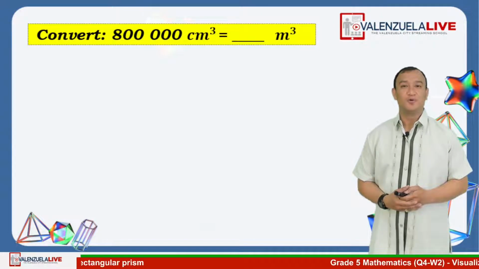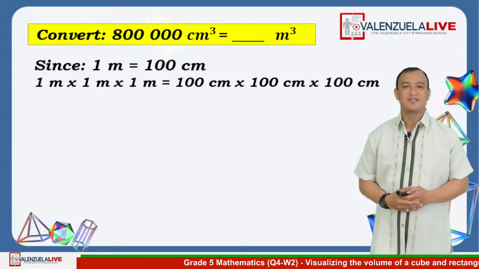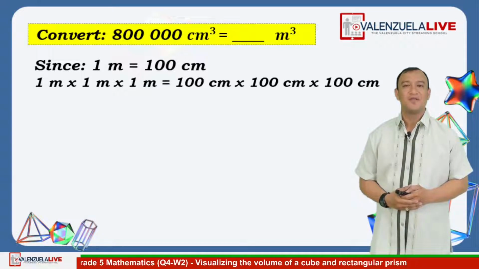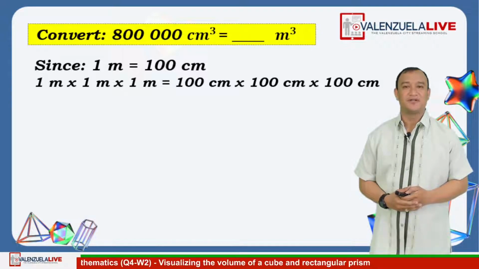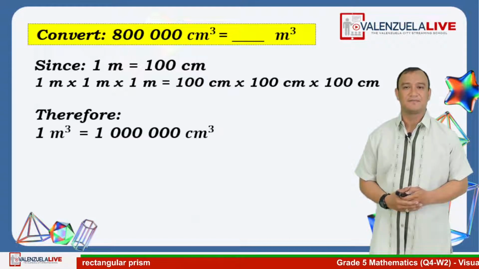Example number 2, convert 800,000 cubic centimeters to cubic meter. Since 1 meter is equivalent to 100 centimeters, 1 meter times 1 meter times 1 meter is equal to 100 centimeters times 100 centimeters times 100 centimeters.